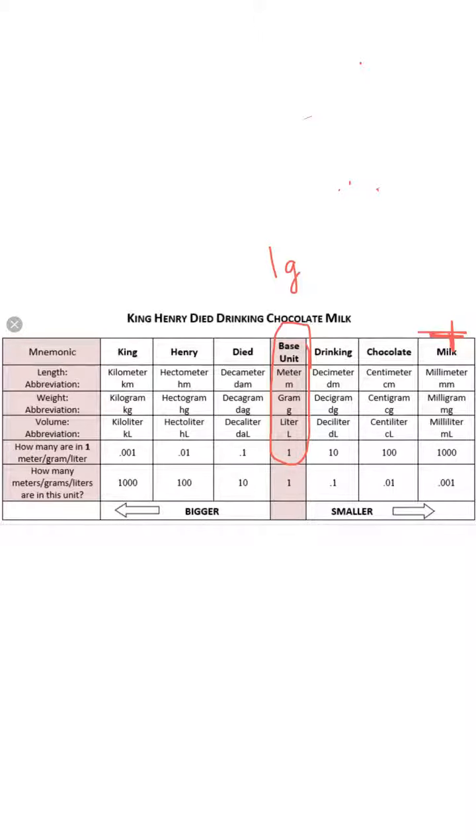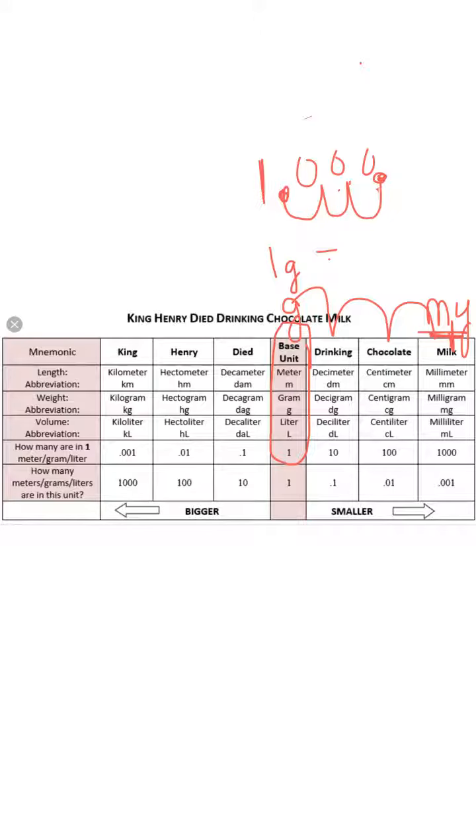And based on where it's at in our system here, you would move the decimal point over however many place values you're going to. So if I want to go from grams, which is right here, to milli, which is over here, I am 1, 2, 3 places over to the right, which means I would take my 1, and the decimal place is normally right there, and move it over 1, 2, 3 places to the right, and fill it in with zeros.